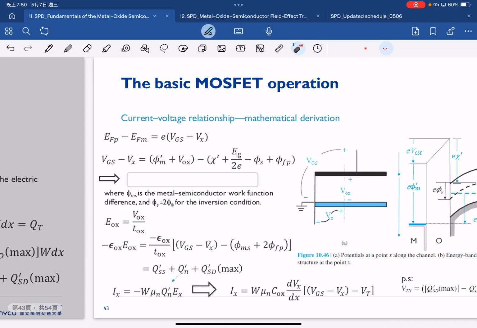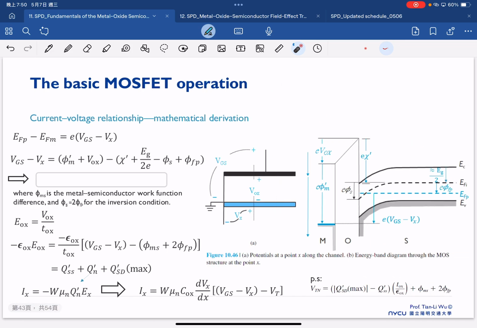So again, for this calculation, the first thing we try to estimate is EFP minus EFN. EFP minus EFN will be equal to VGS minus Vx. And VGS minus Vx can be seen from here, which is this one.